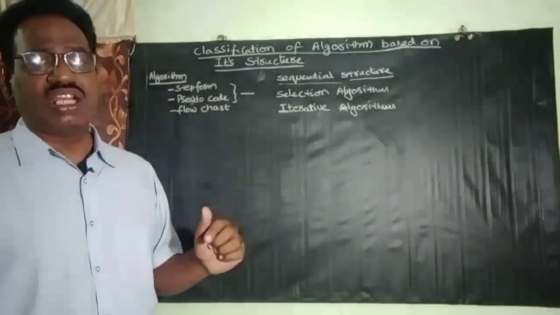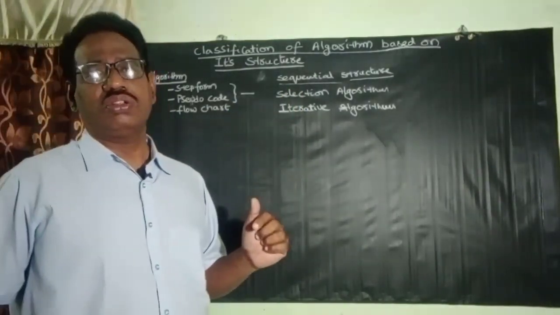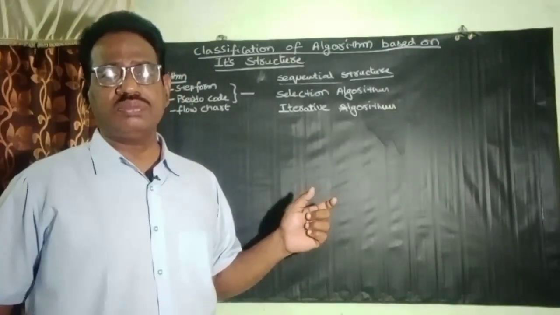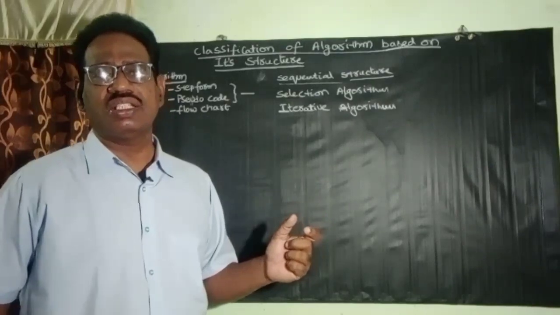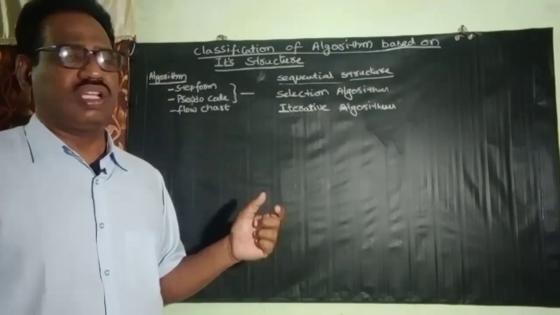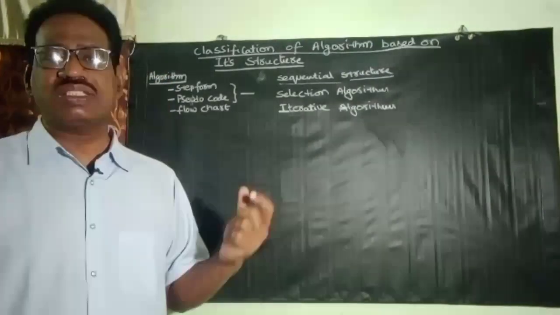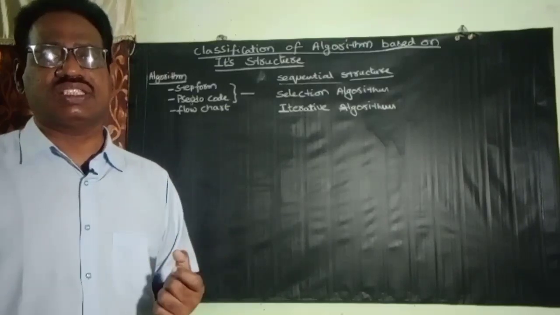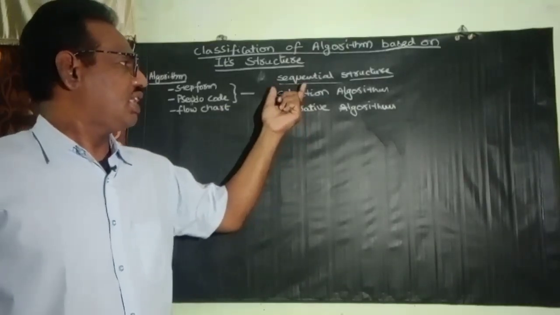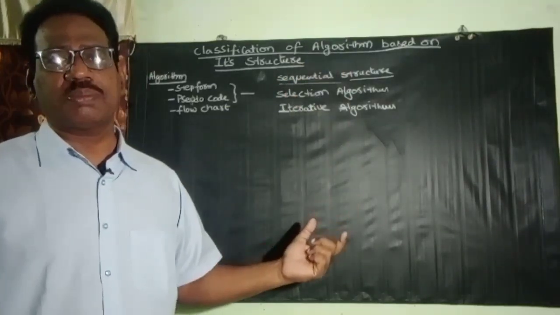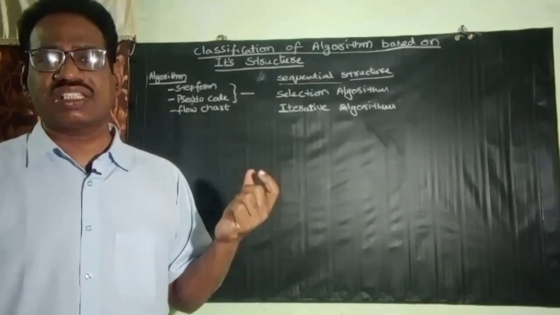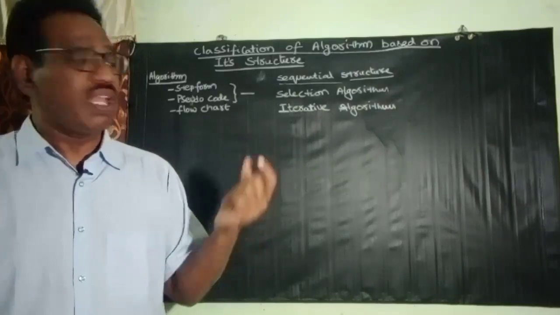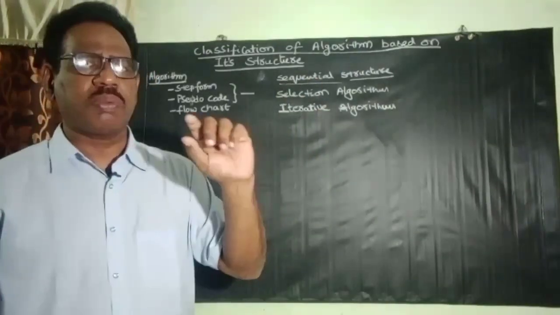In the selection algorithm, we write the algorithm in such a way that some of the statements may be executed or taken into consideration based on the validity of conditions. If the program is written in step-by-step form, only if the condition is valid do we execute that particular statement.